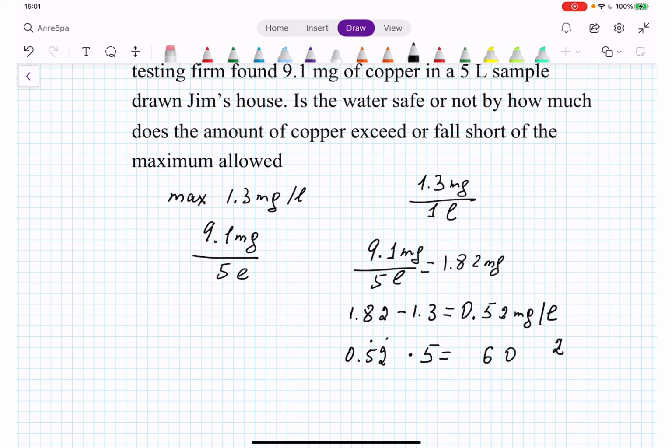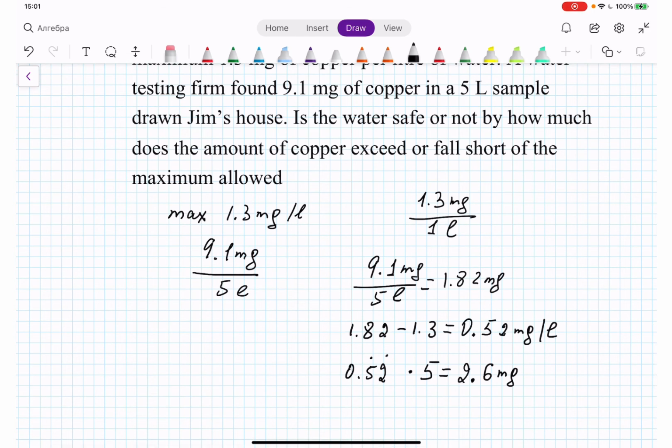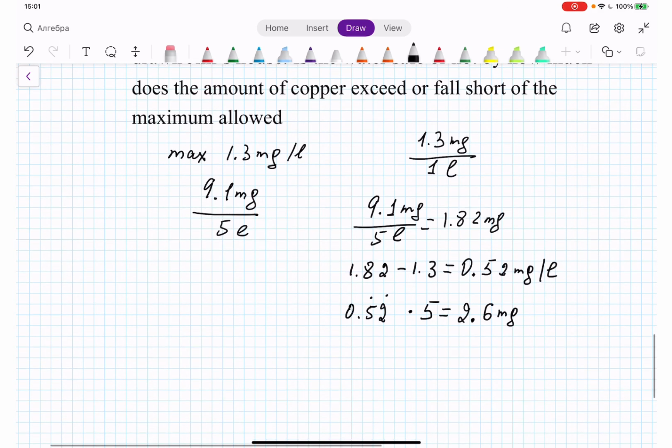There is a 0 and 2, so 2.6. So we have 2.6 milligrams more than required. So is the water safe to drink? Absolutely not.